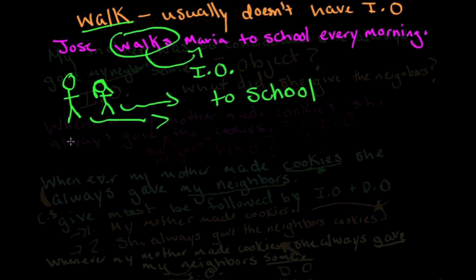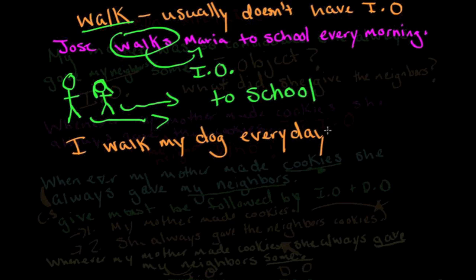Another example is, I walk my dog every day. So in this case, my dog receives the benefit of the verb walk.